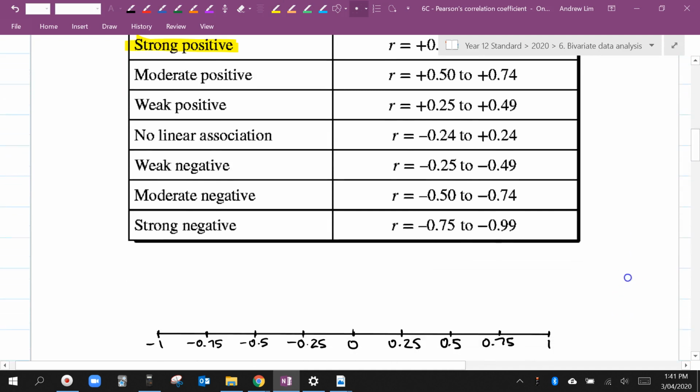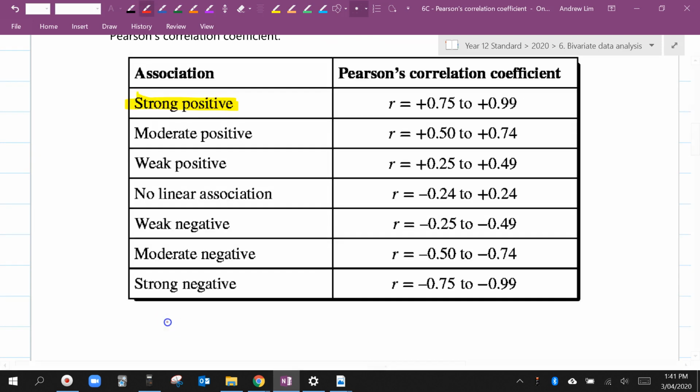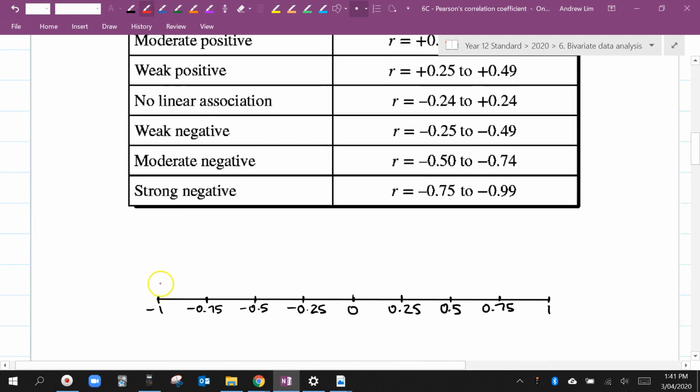So what does that look like on a line graph, on a number line? We can say here that between these two, it's strong negative. Between these two, it's moderate negative.